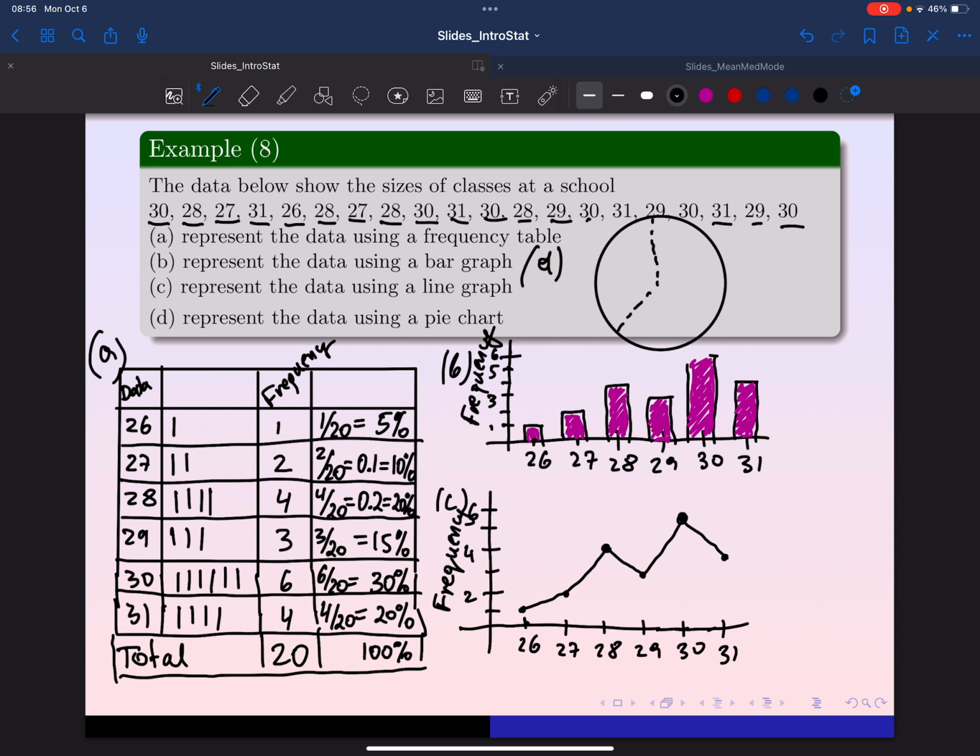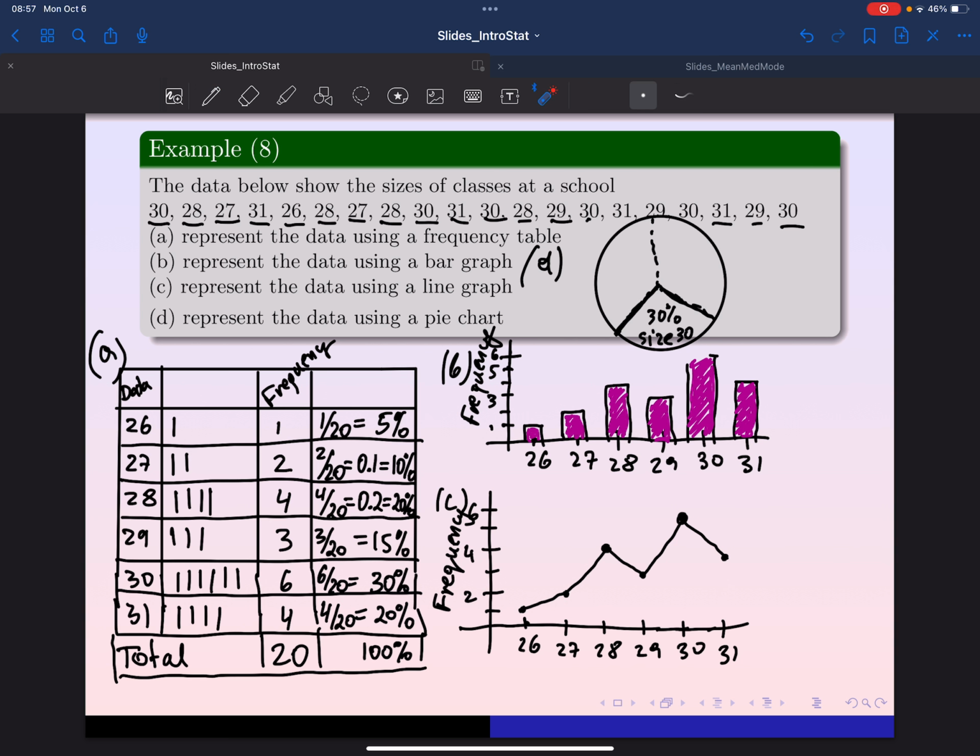So just a little bit less than 1/3, roughly, it's gonna be my highest one. So this is my 30%, and that 30% represents the class size 30. So we're gonna write size 30, so that later we can read the data. So this is my first slice, 1/3.